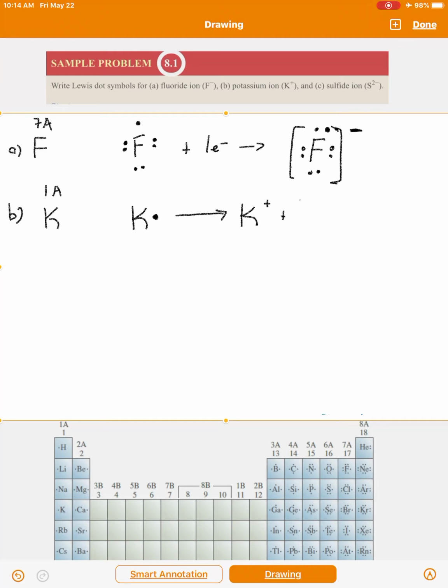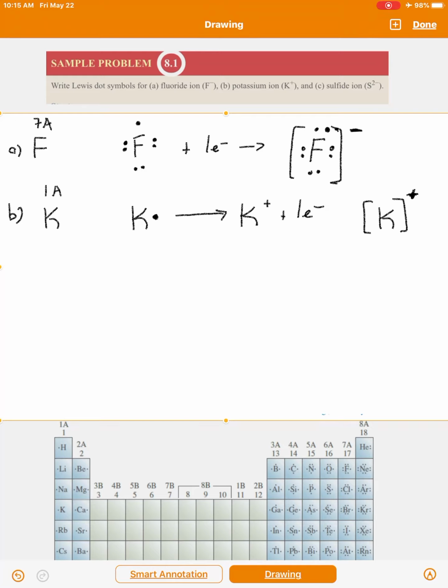It loses an electron, right? There's your oxidation process. So you just lose the dot. Again, it's an ion, so we'll write it with the brackets and draw a little charge here. There are no more valence electrons, right? We only have the core electrons.